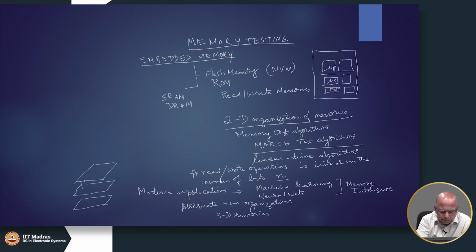And interconnects between the layers are possible through what are called through silicon vias. Okay. So, through silicon vias. You may have also heard about a term called in-memory computing.